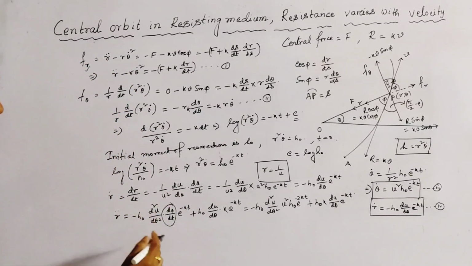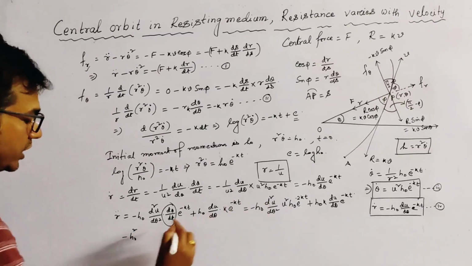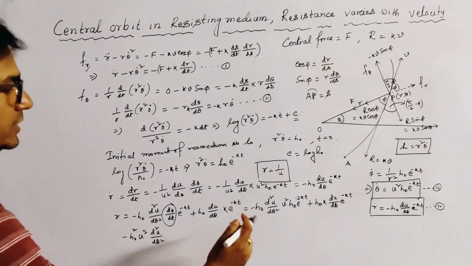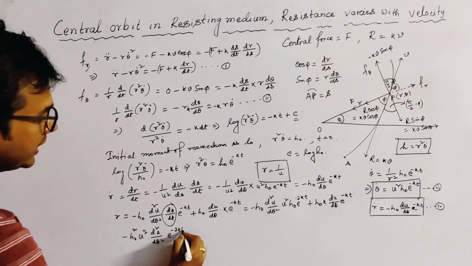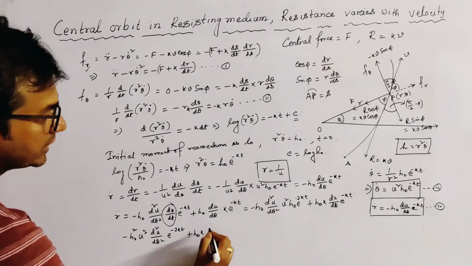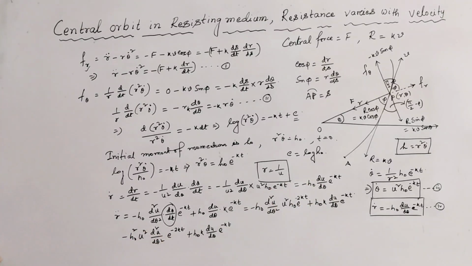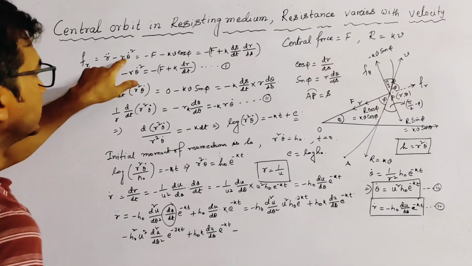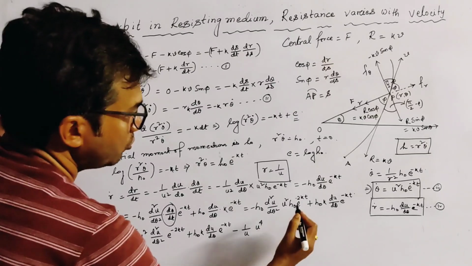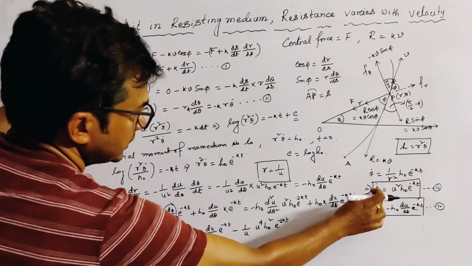We get the result: r̈ first, −h₀² u² (d²u/dθ²) e^(−2kt), this is the first term, plus h₀ k (du/dθ) e^(−kt), this is the second term, minus r θ̇², where r means 1/u and θ̇² means u⁴ h₀² e^(−2kt).